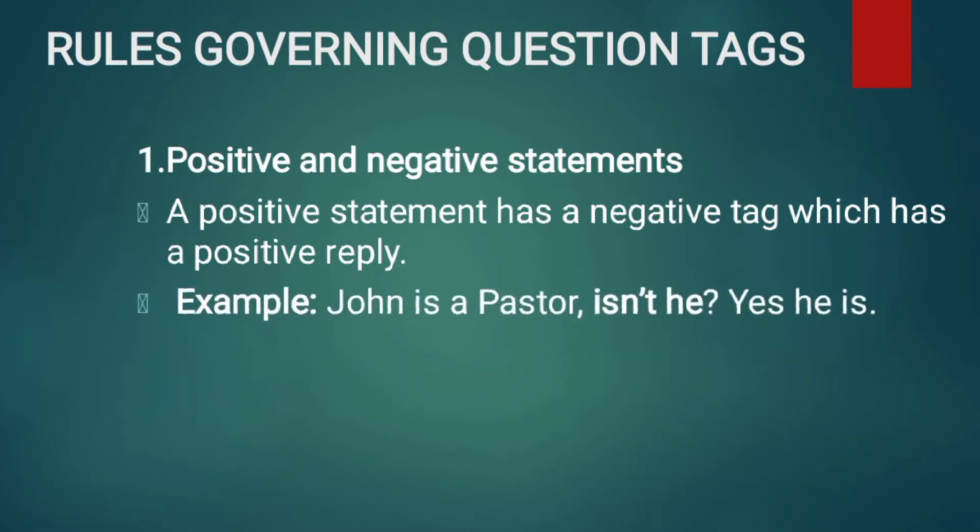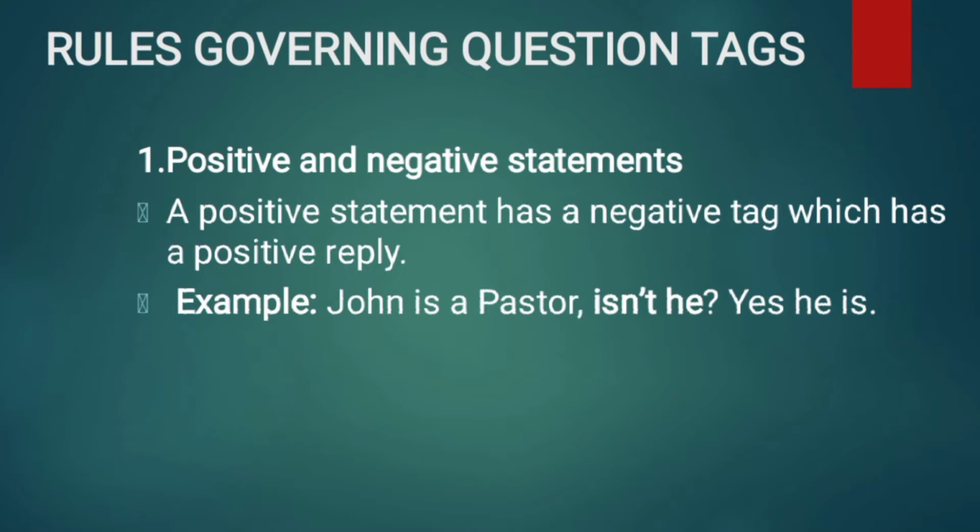For example, John is a pastor. Let me explain this to you. What does it mean when they say a sentence is positive, a sentence is negative? You need to see the word not in a negative statement. Are we together? The word not shows negativity of a statement. So if you see the word not, you need to know that this statement is negative.